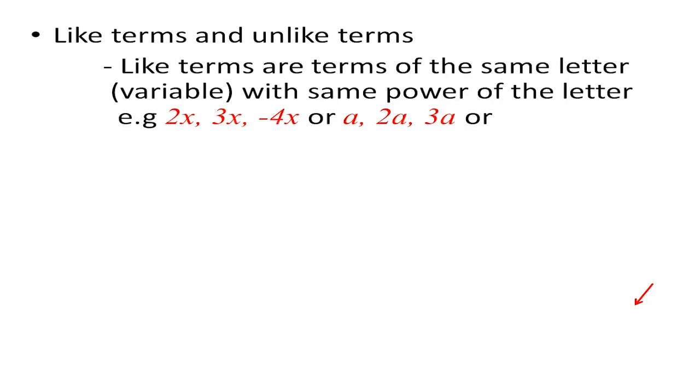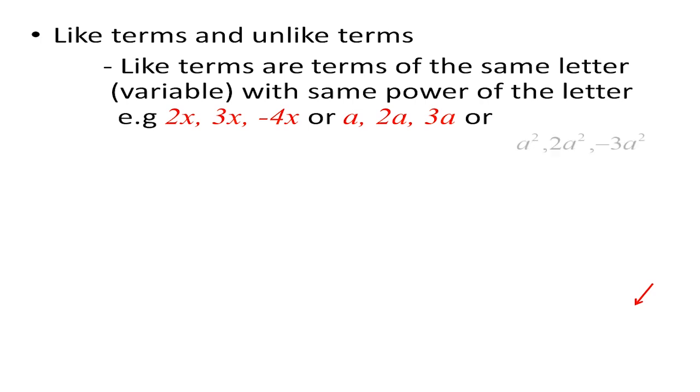Like terms are terms of the same letter, or commonly called a variable, with the same power of the letter. For example, 2x, 3x, negative 4x, all of them are power of 1. Or a, 2a, 3a are all power of 1, and they are like terms.